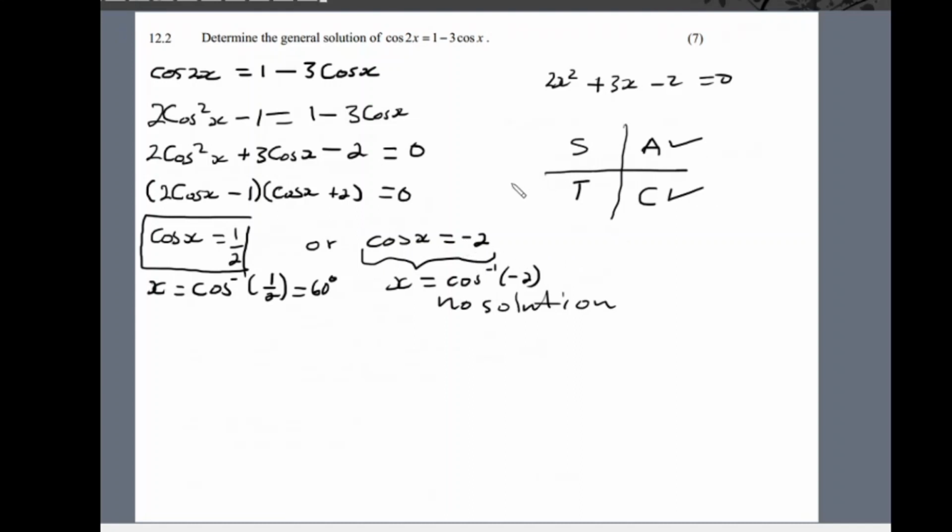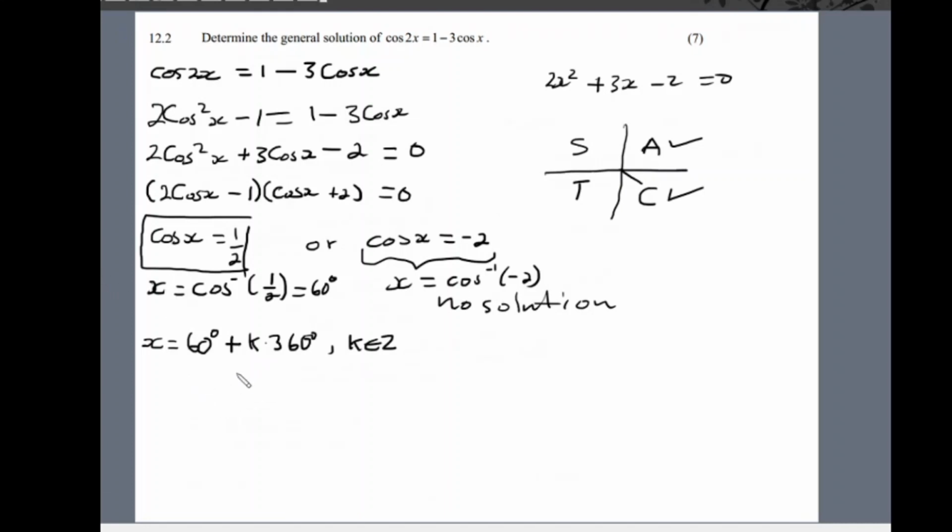So in the first quadrant, we can just have our solution as x being equal to 60 degrees plus k 360, where k is an element of the integers, right? And then in the fourth quadrant, we can have a negative angle, or we can have 360 minus the positive angle, right?